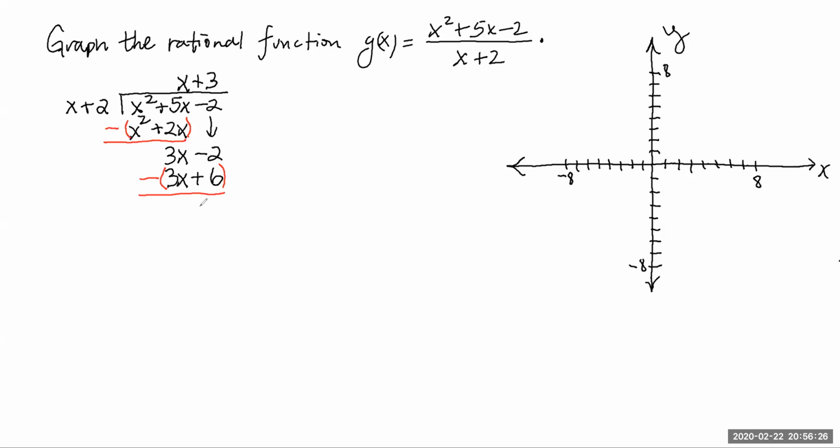And notice we have a remainder of negative 8. What does this mean? This means g of x can now be expressed as x plus 3 minus 8 over x plus 2.